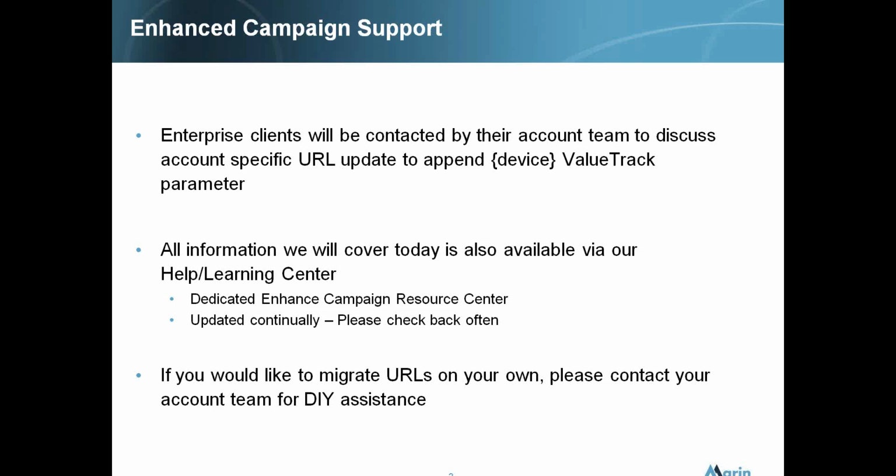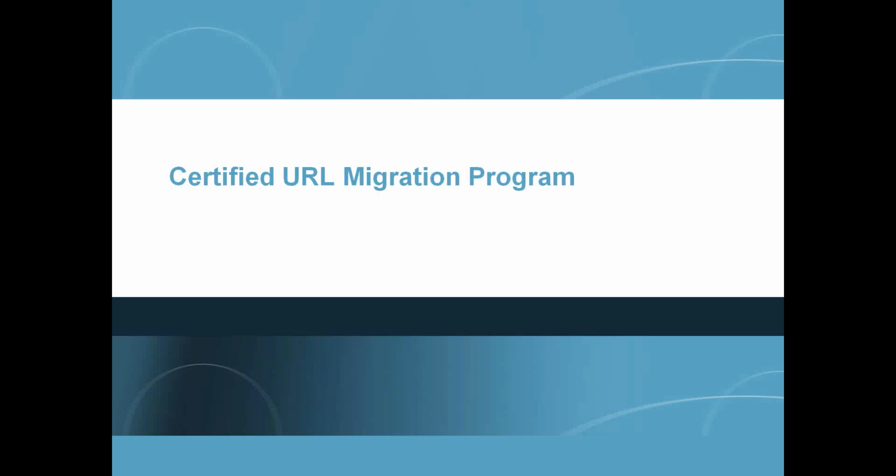If you do want to migrate your own URLs, please still contact your account team so that they can cover best practices and make sure there isn't anything you may be missing with your account setup that needs any sort of updating or requirements outside of adding the device ValueTrack parameter.